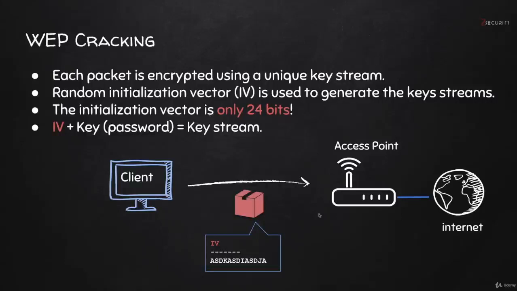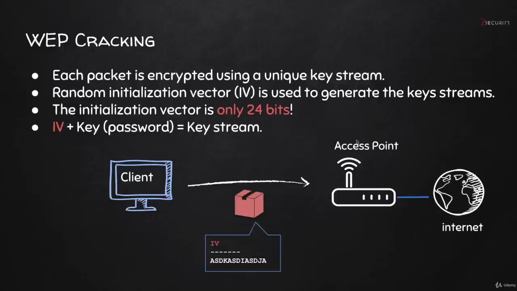The reason why it adds the initialization vector to the packet is because once the router receives this packet, it needs to be able to decrypt it. And to decrypt it, it needs the key and the IV. But the router already has the key, so there is no need to send that. Therefore, we just need to send it the IV.